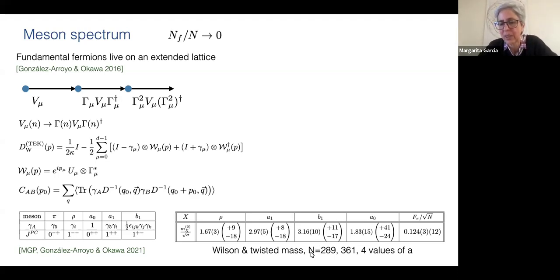This has been done with lattices with n equals 289 and 361, several values of a. These are values in the continuum limit, in the chiral limit, in the limit in which the pion mass goes to 0. And we are at present going to larger values of n.